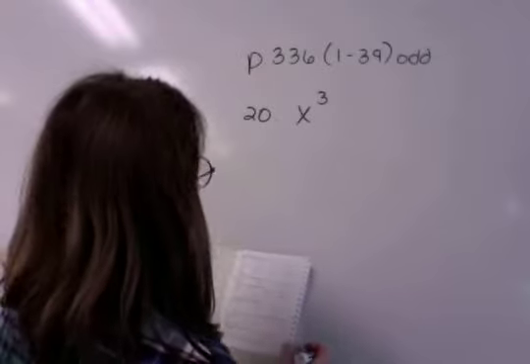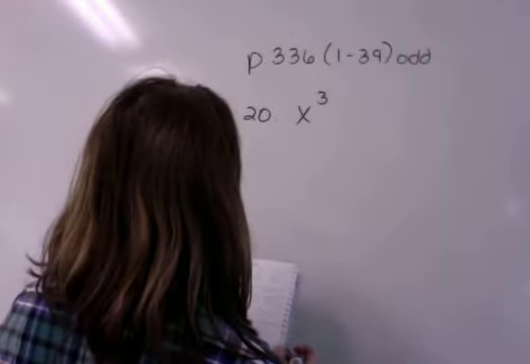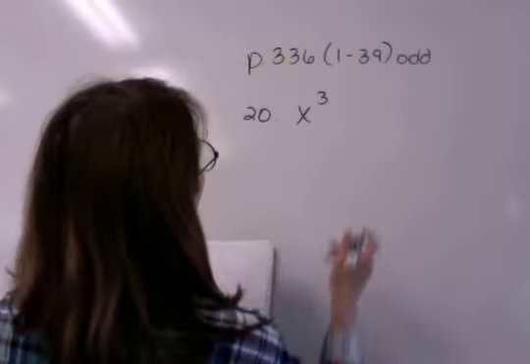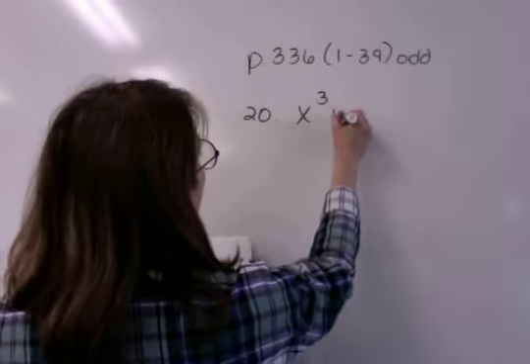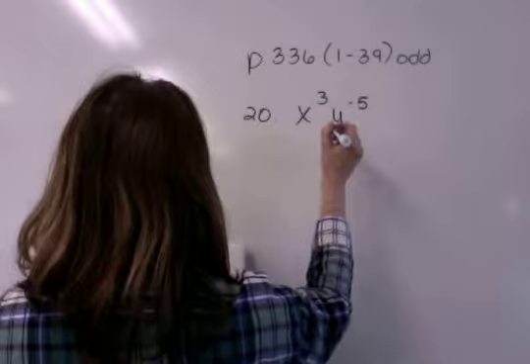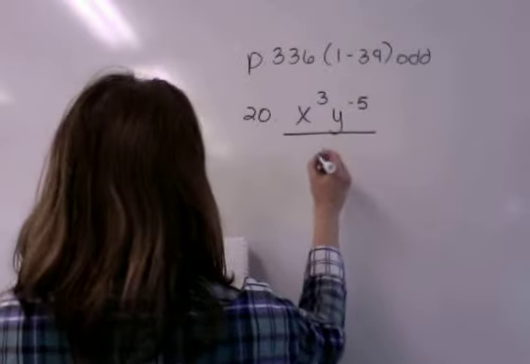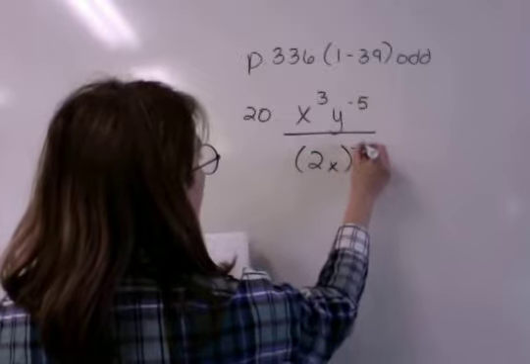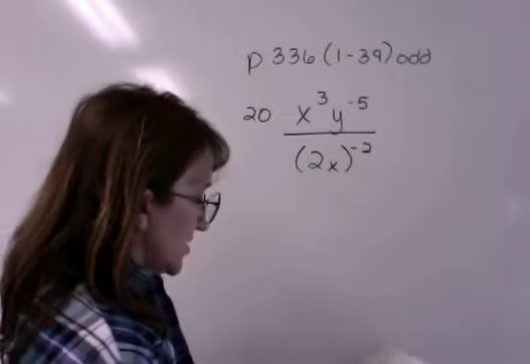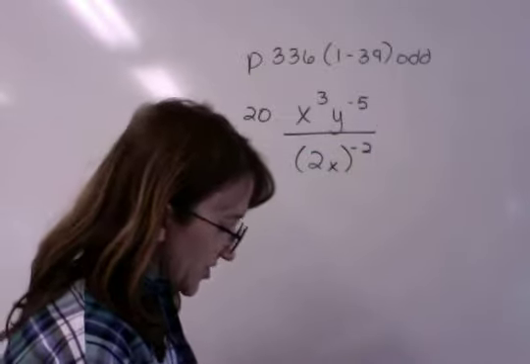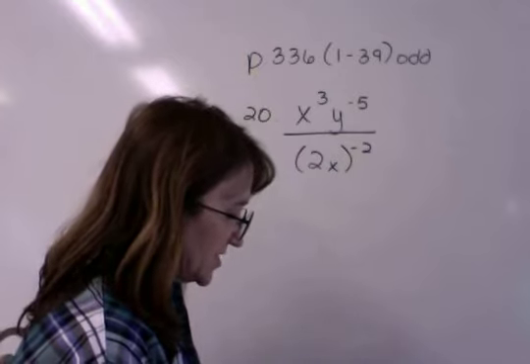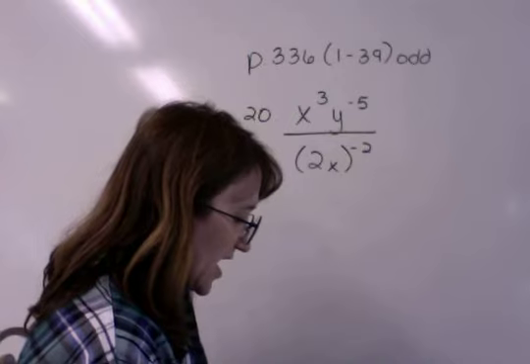So let's look at y cubed, y to the negative 5th, then we have 2x and then negative squared. If we're looking at 20, there's some things we have to do before we can start using all this magical stuff that we like to do.